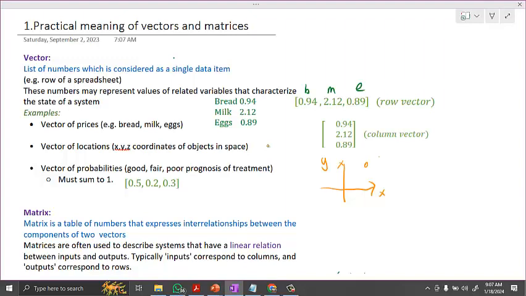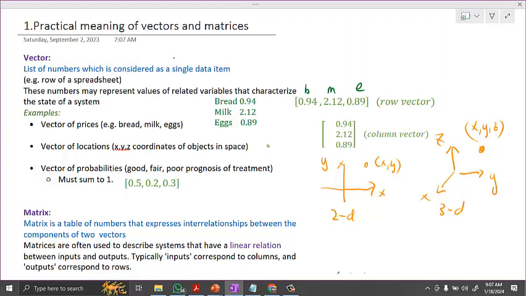And then my vector would be xy. So this is in 2 dimensions. In 3 dimensions, I would have a z direction, an x direction, and a y direction, and I'd have 3 numbers, x, y, z, which specify the position of this point. So still I'm considering this as a single data item.